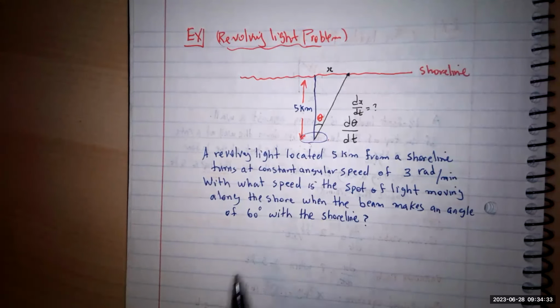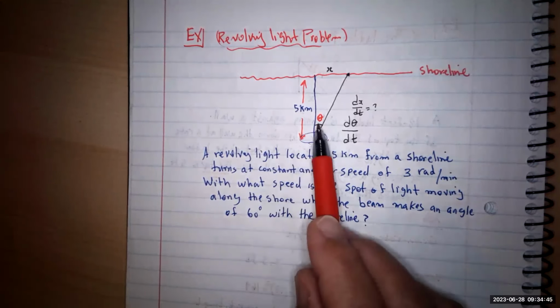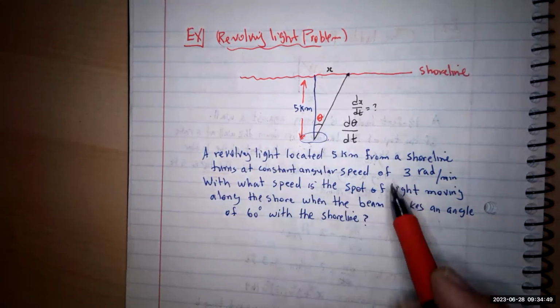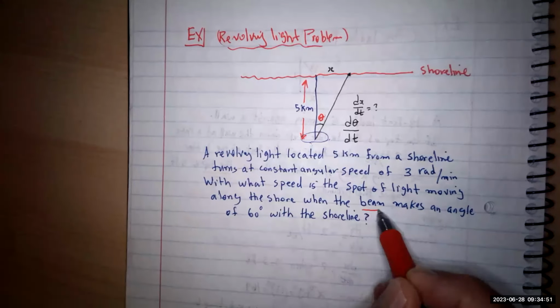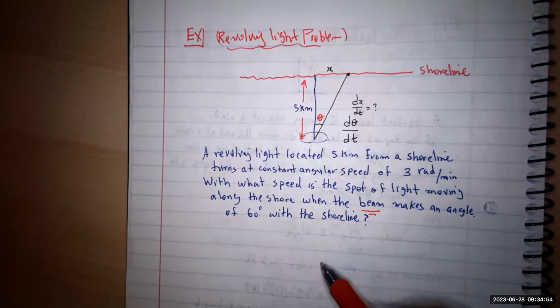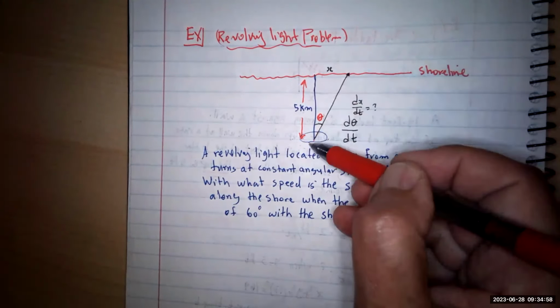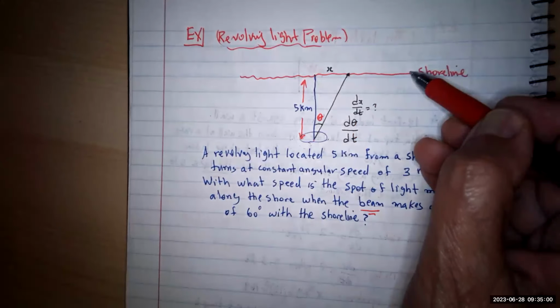One of the difficulties for people who do this is when they identify the 60 degrees, they make a mistake. They take 60 degrees to be θ, which it is not. 60 degrees is the angle the beam makes with the shore.